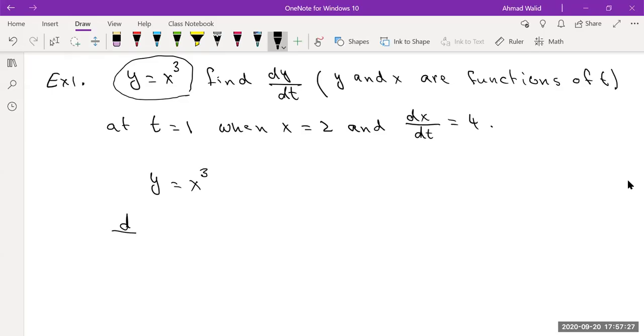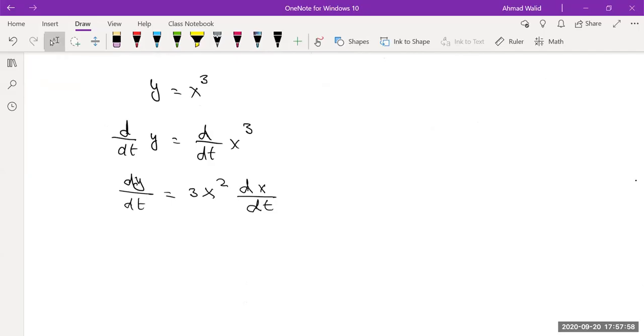It means d/dt of y equals d/dt of x cubed. d/dt of y gives you dy/dt equals d/dt of x cubed, which gives you 3x squared dx/dt. You see, I'm keeping dx/dt because it's implicitly a function of t, correct? Now, as soon as you did this, look, I'm asking in this problem to find dy over dt.